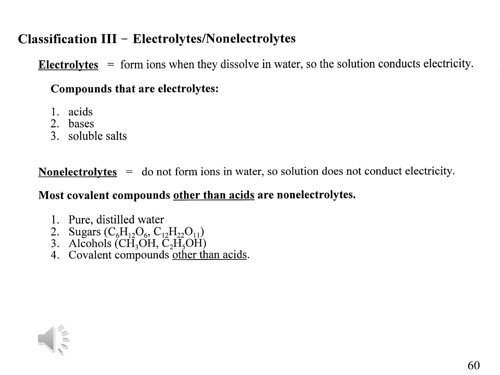And because the ions are separated, the solution conducts electricity. That's why they're called electrolytes. What happens is, since the ions are separate, the positives can move towards the negative pole, the negatives move towards the positive, and you get conducting of electricity.